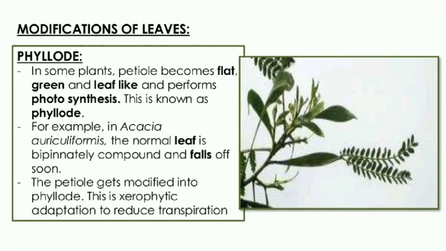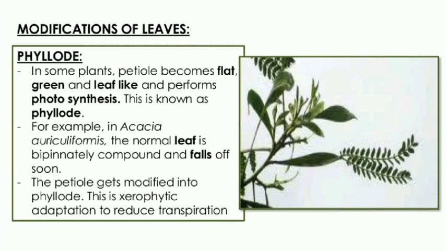You can see in the diagram the bipinnately compound leaf, but it is caducous, meaning it will fall off very soon. So, the petiole gets modified into phylloid. This is a xerophytic adaptation to reduce transpiration. Remember, the stomata are present only on the leaf, not on the petiole.